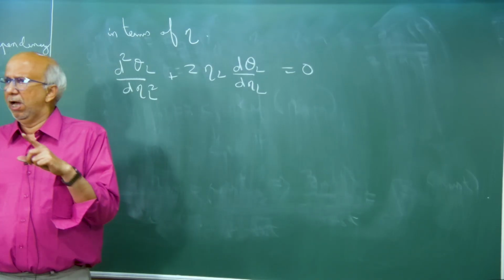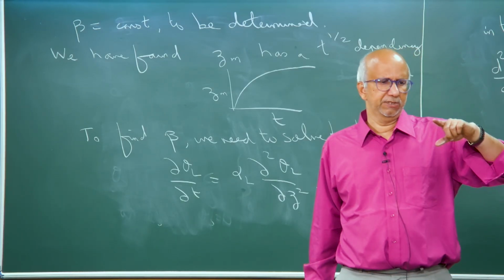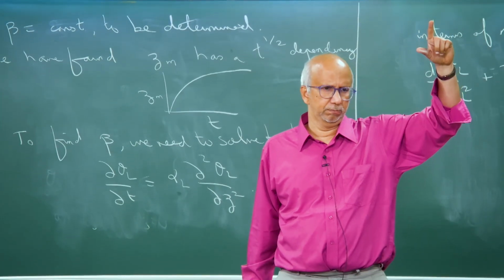Only thing is, now I have to understand theta L is going to go from Zm to infinity, or eta Lm to infinity.